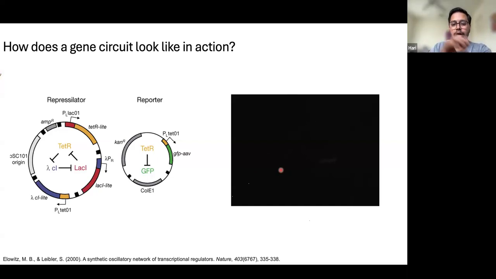It's the same movie with the bacteria showing oscillations in the fluorescence. It is also possible that all the concentrations of these molecules just reach a constant concentration and don't oscillate at all.